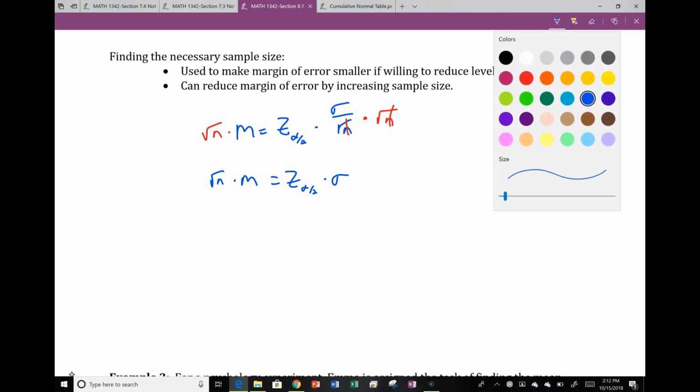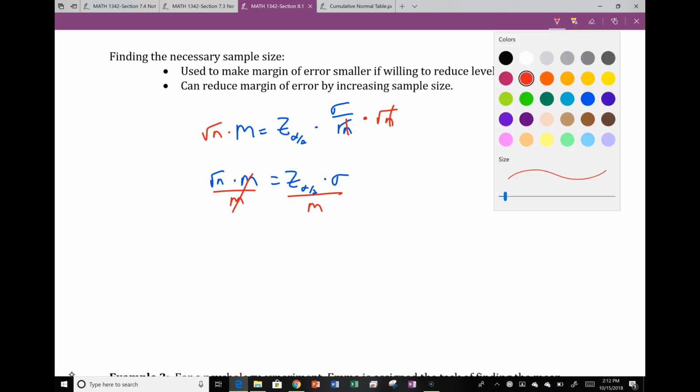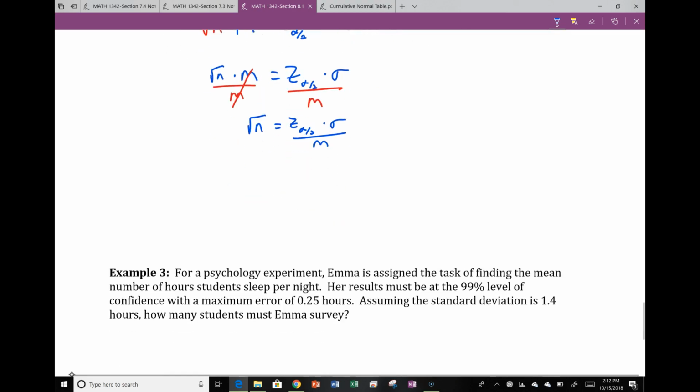Well, I still want to get that n by itself, so I'm going to divide both sides by our margin of error so that those two divide out. So on the left side now of my equation, I only have the square root of n is equal to my critical value times the standard deviation divided by the margin of error.